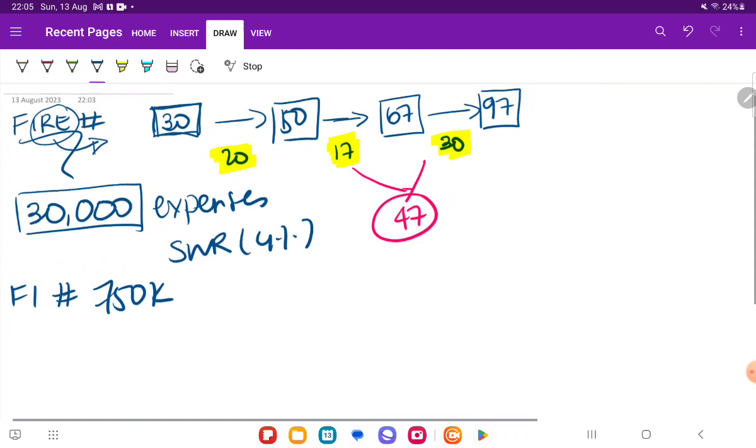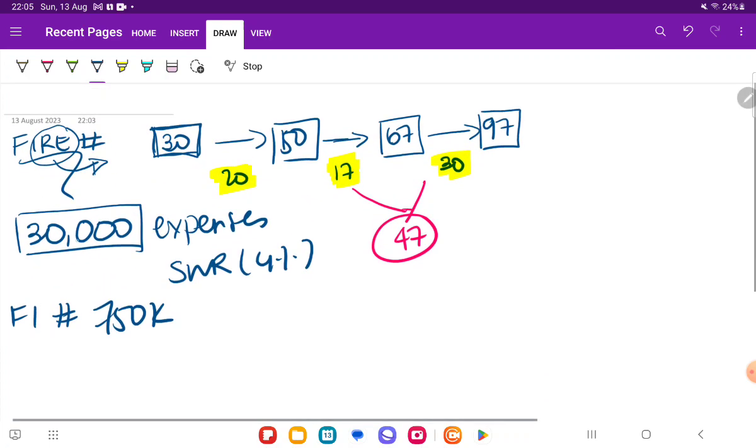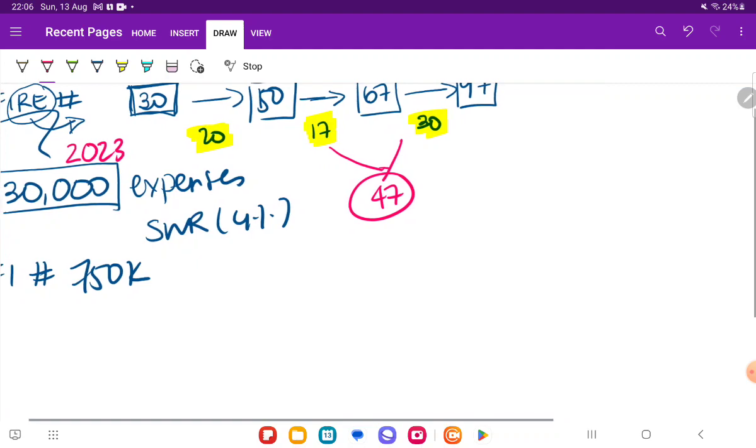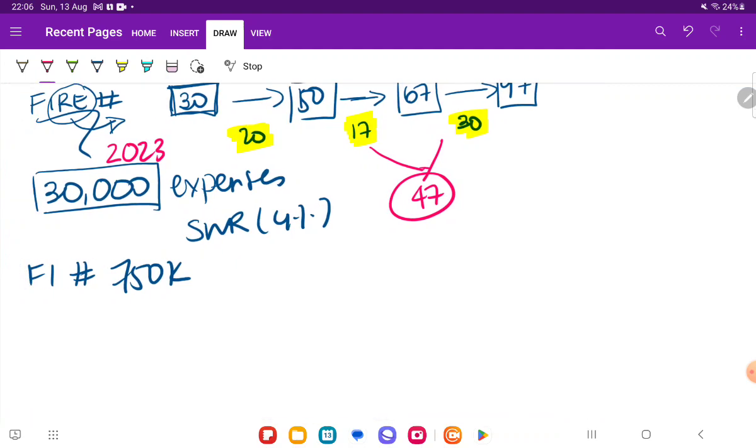But this $30,000 is in 2023. This is 2023 money, right? But I'm going to retire in 2043.